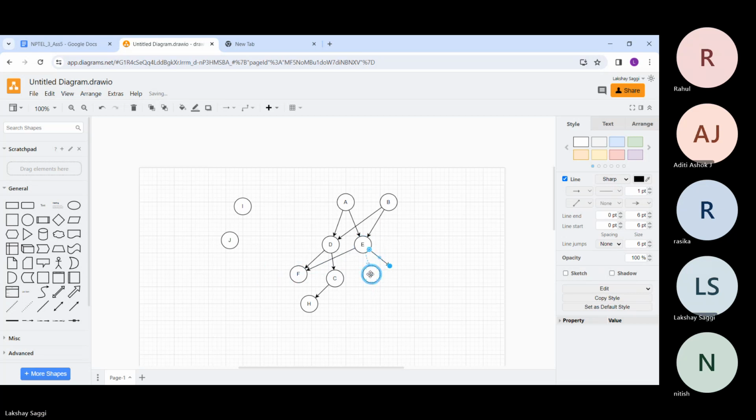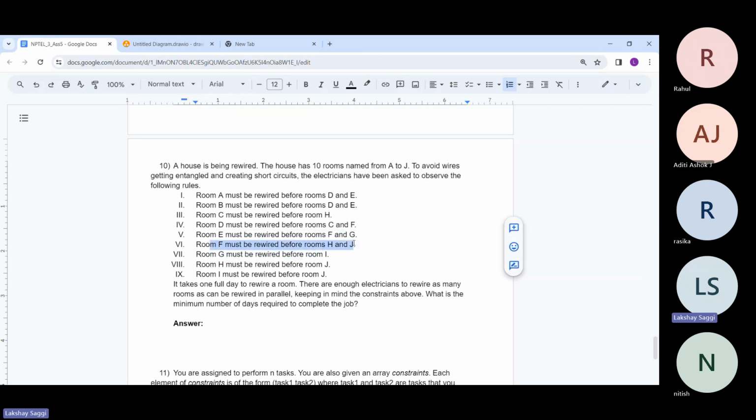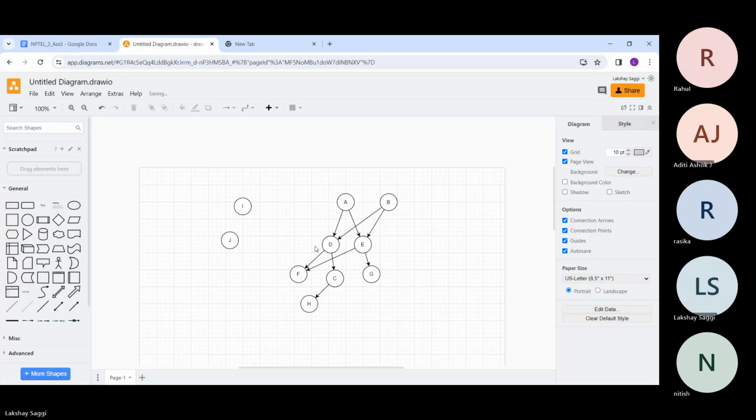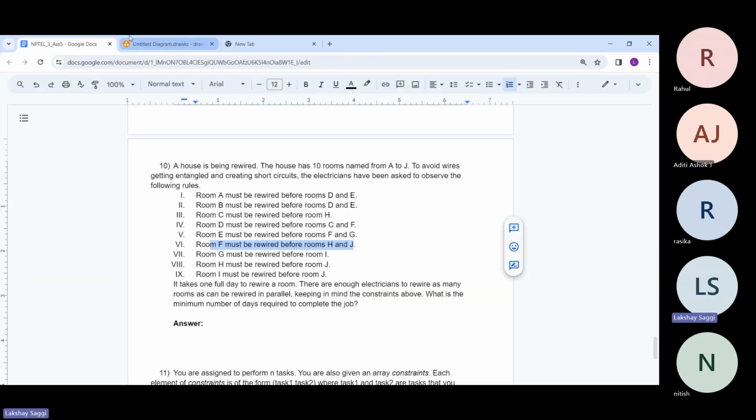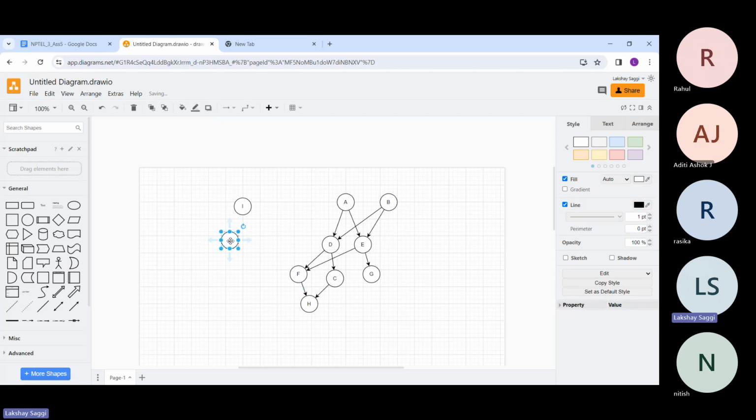Right. And similarly, F must be rewired before H and J. So there is an edge from F to H, and an arrow from F to J also.